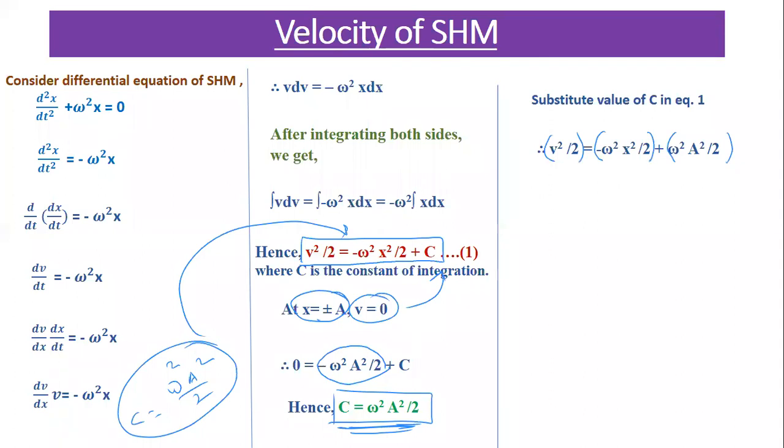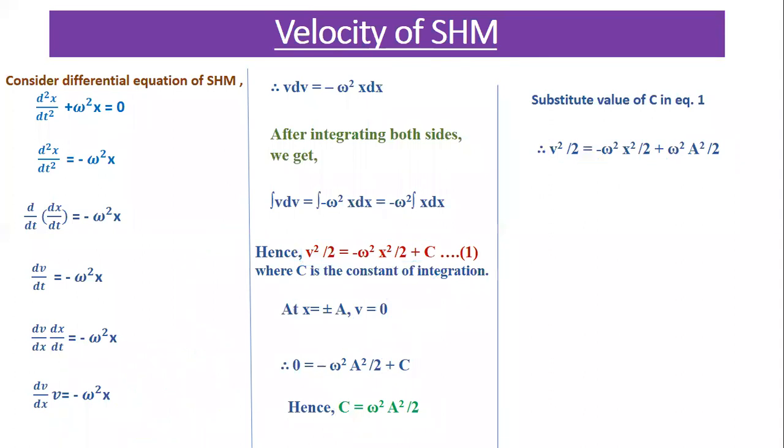Now from this we can take common one by 2 from both sides, then this 2 gets cancelled. Then we get v square is equal to, taking omega square common on the right hand side, omega square in a bracket of minus x square plus A square.